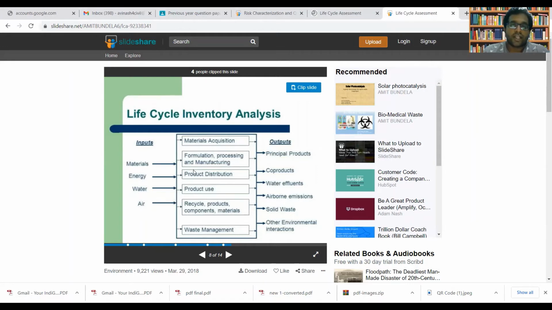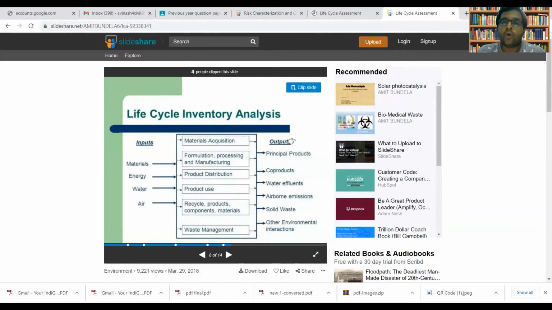Now, what are the different inputs and outputs? The different inputs include materials: what are the different materials required for the manufacturing? Next one is energy. For the product distribution, what is the energy requirement? Then for the use of the product, how much water is required, and finally air.